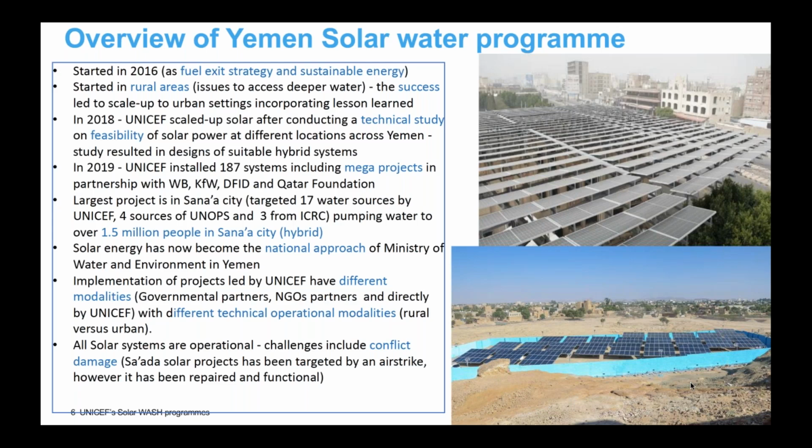That can be, of course, different when it comes to rural, where we normally tend to have smaller scale private operators running the operation and maintenance, while in urban areas, this normally relies on the utilities. So all this work is not only about making the capital investment for the solar, but also all the work of putting the right models for operating and maintenance is really important to assure the sustainability in the long term.